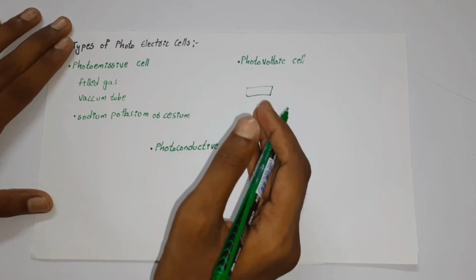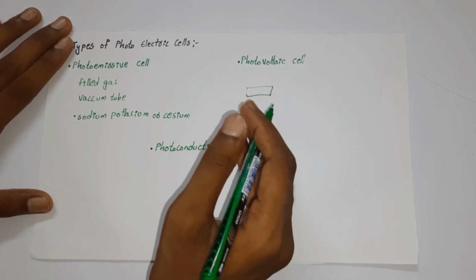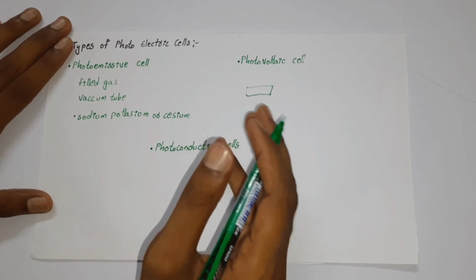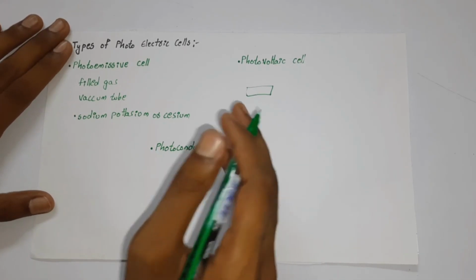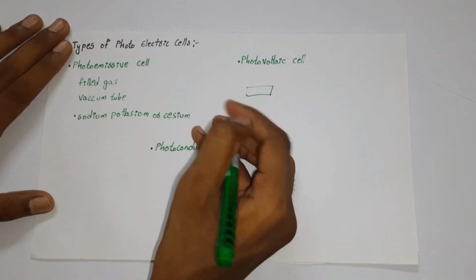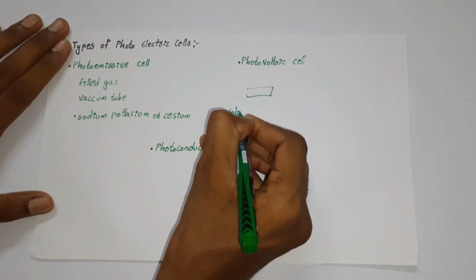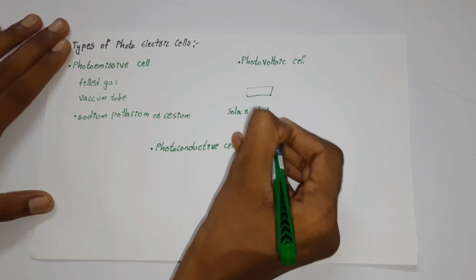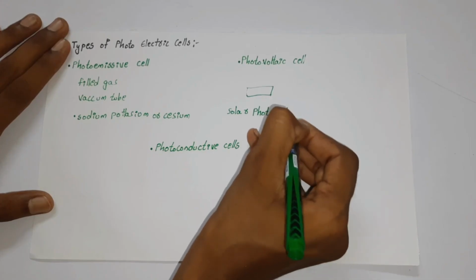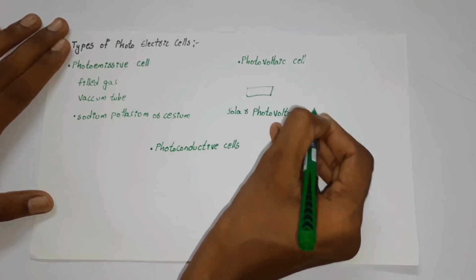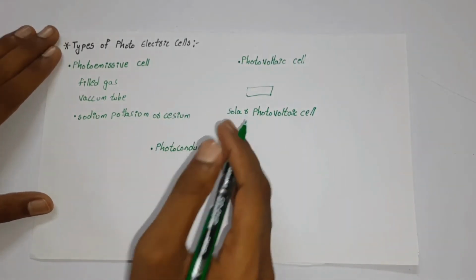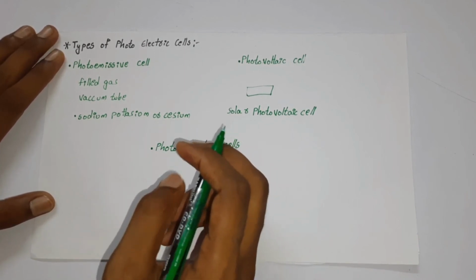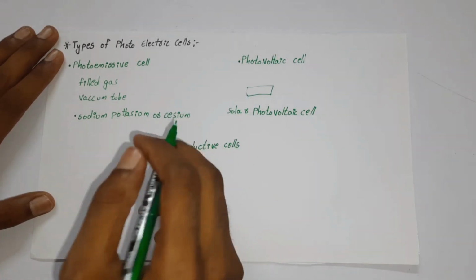So when the light ray strikes this silicon material, it will release the electrons from its atoms, and this photovoltaic cell is also called a solar photovoltaic cell. So we can say that this solar cell generates electricity by absorbing the sunlight, and using the light energy to create the electrical current is called a photovoltaic cell.